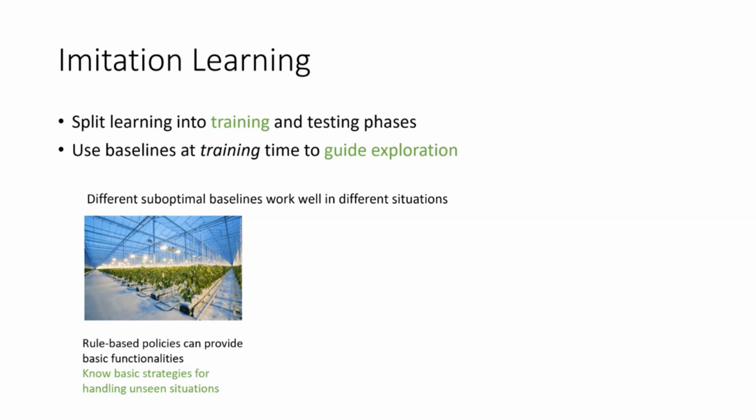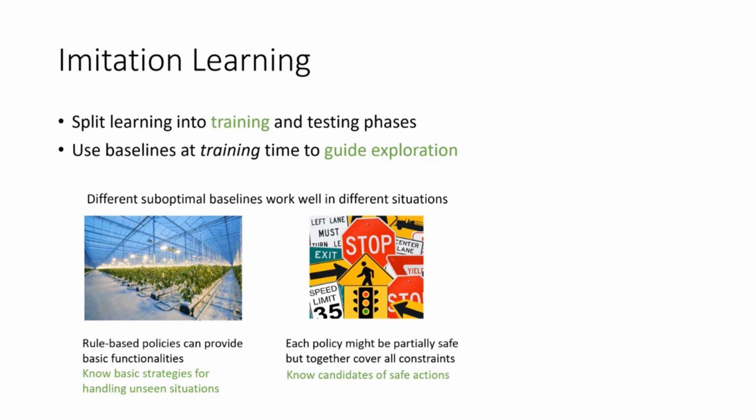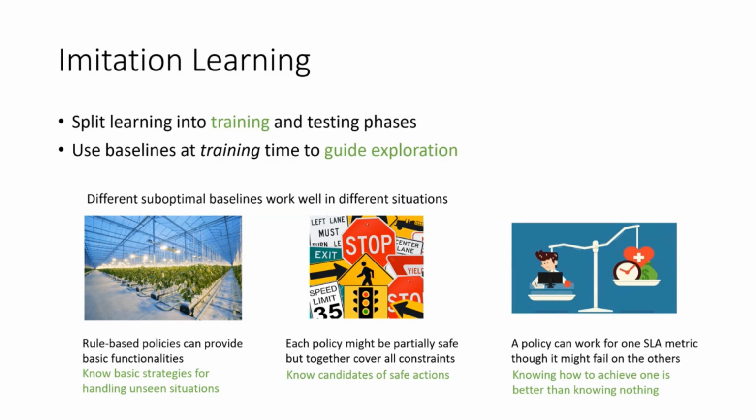And the way you can use these baselines is to basically provide examples of useful behavior, such as having some basic strategies to prevent the crops from drying, or getting some candidates of safe actions in safety critical situations, and similarly in the quality of service example. Okay, so there are many situations where we have these available baseline policies. How do we use them?